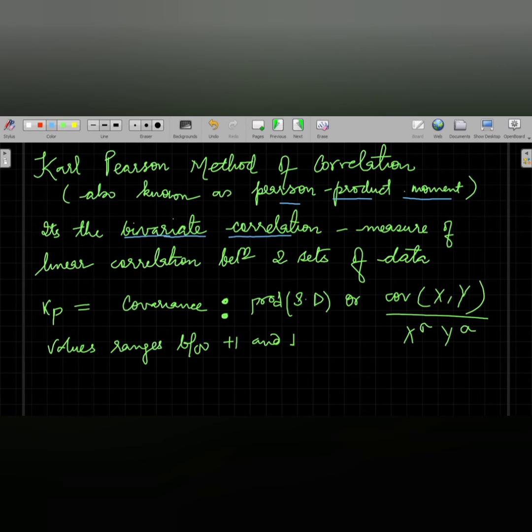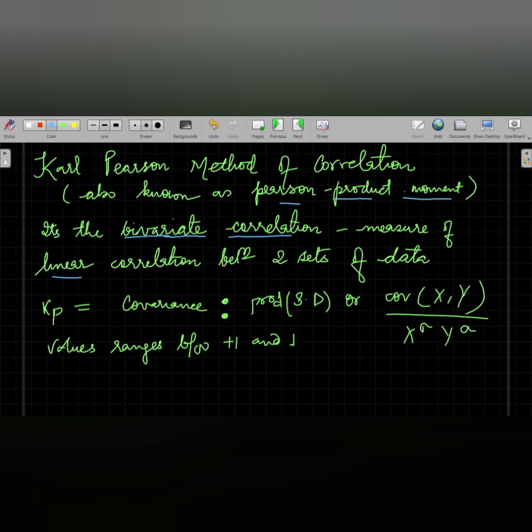Bivariate means it depicts the relationship between two sets of data, and that data must have linear correlation. I have explained what linear correlation means: when there is a constant change between the two variables, those variables have a linear correlation. Clear?